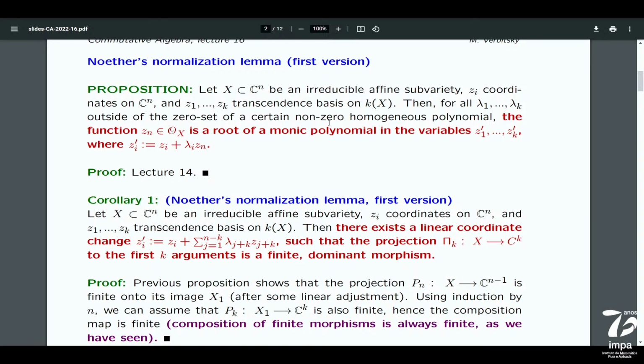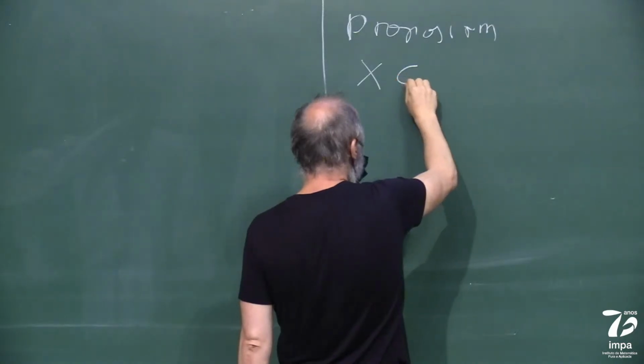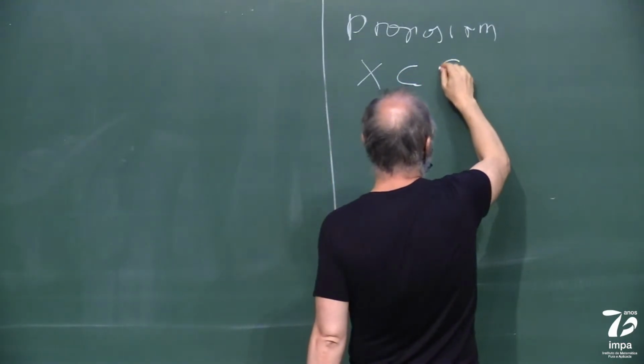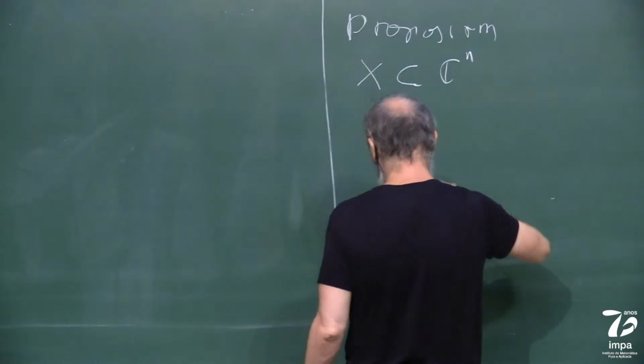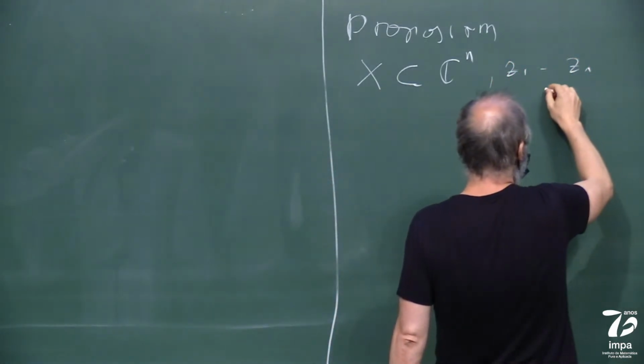But the Noether normalization, there were a couple of statements which we have already seen. So the first proposition: suppose you have X inside C^n, and Z1, ..., Zn are coordinates.